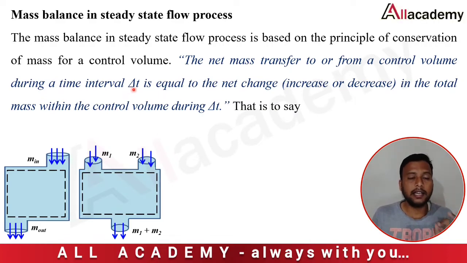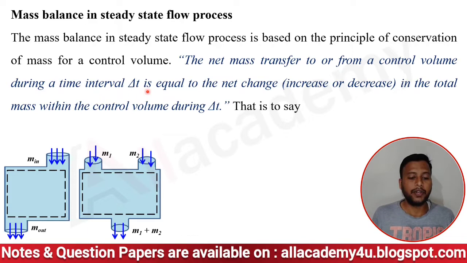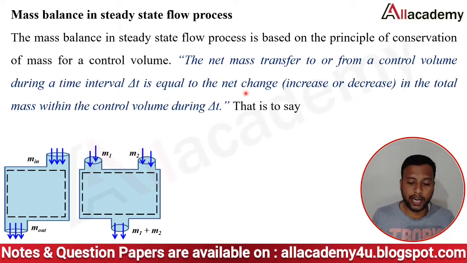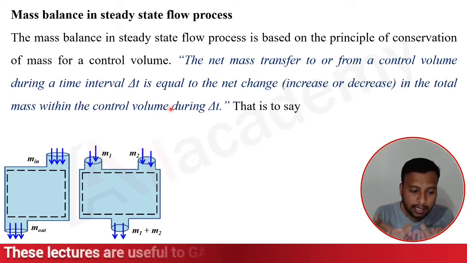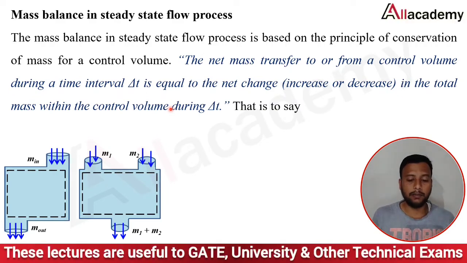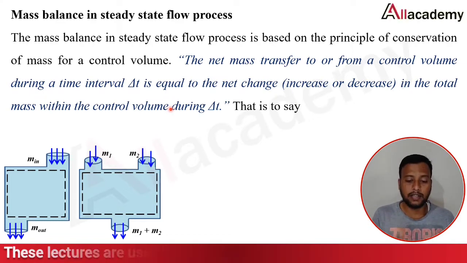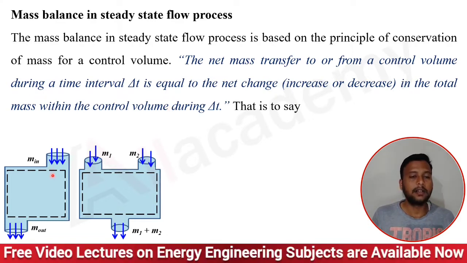Delta t represents the time interval. During the time interval, the net mass transfer is equal to the net change in the total mass within the control volume during delta t. The total net mass transfer taking place in this particular time will be the same as what is coming out.